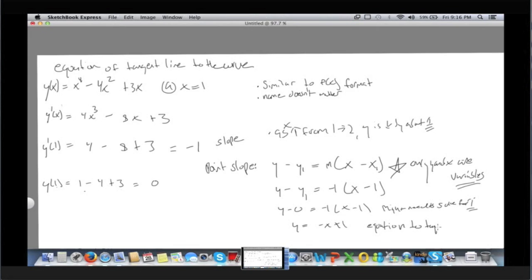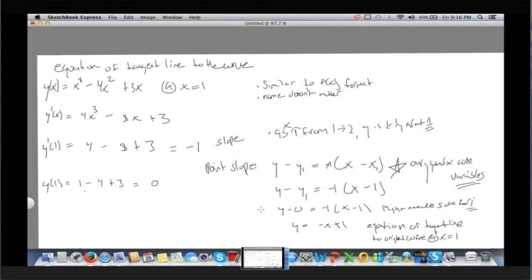Yes, it's the equation of the tangent line to the original curve at the point x equals 1. Okay. All right. Well, that gave us some trouble, but there's a good chance you'll see that on the test.